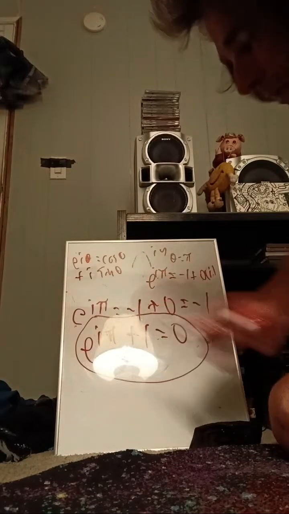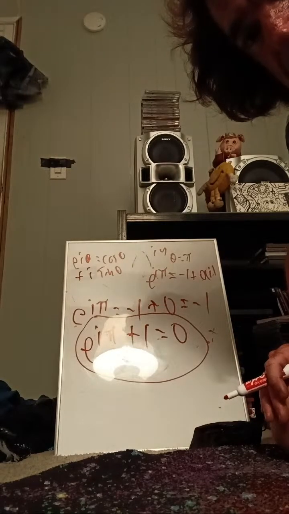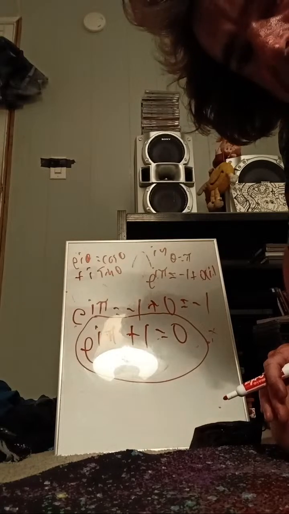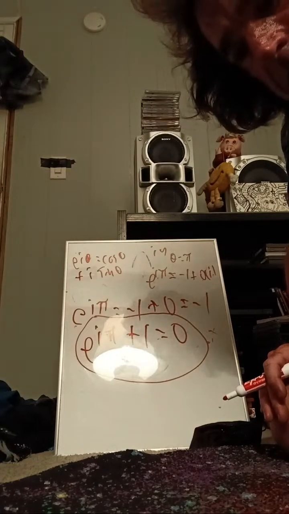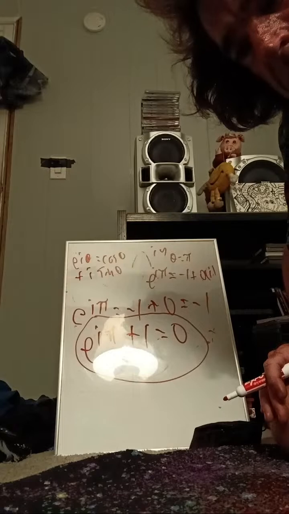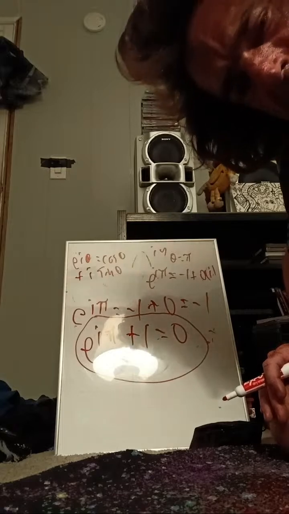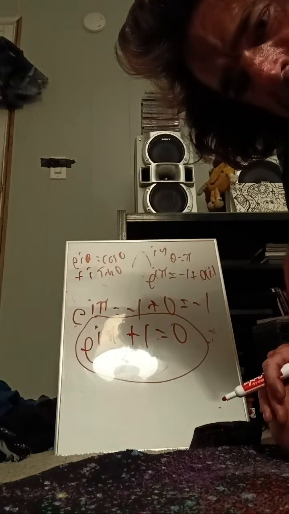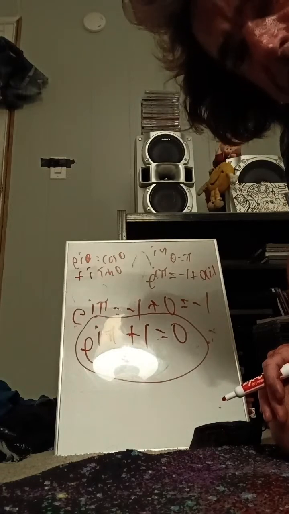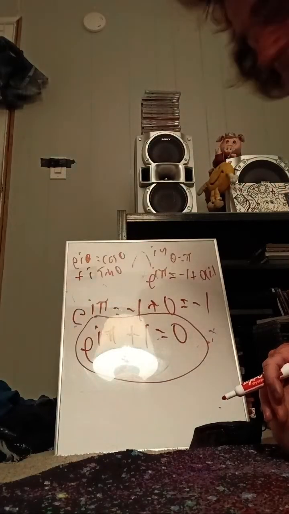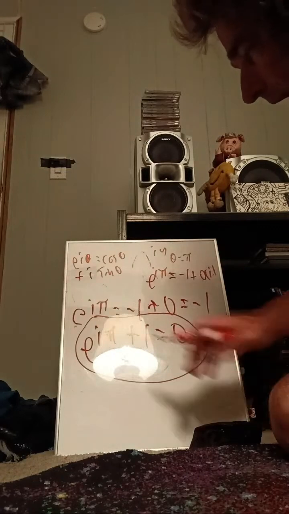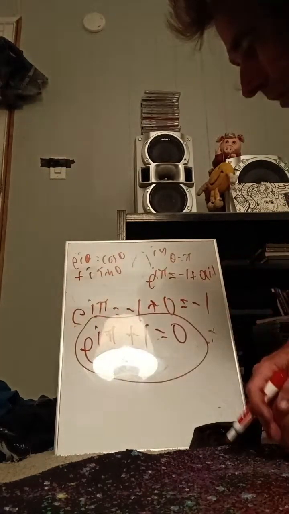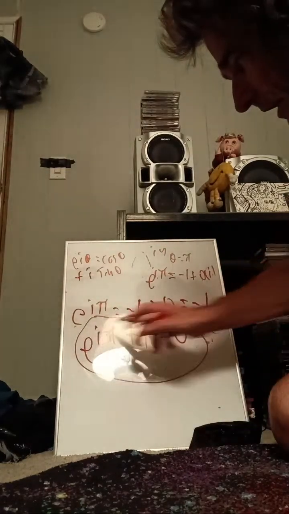Pi is approximately equal to 3.14159, which is as many digits as I know, but it goes on and on forever. So it's got the three most important weird numbers in math: e, i, and pi.